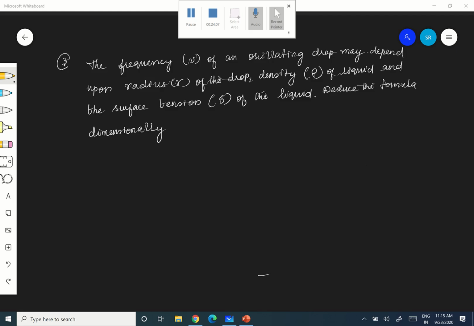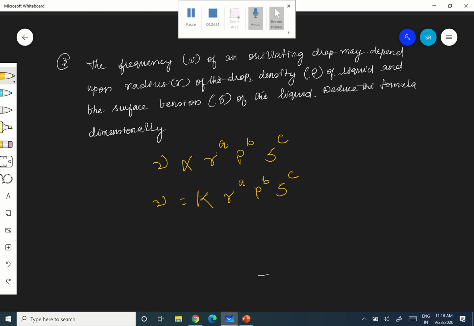First you have to write the formula: nu is proportional to radius r power a, density rho power b, surface tension S power c. Therefore, nu is equal to k into r power a, rho power b, S power c.